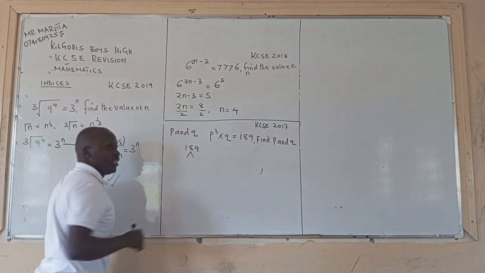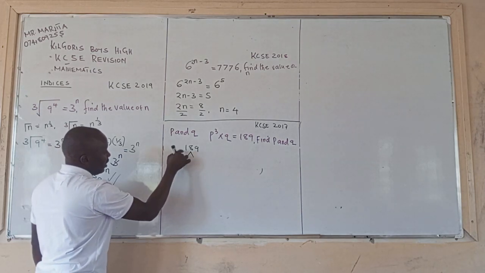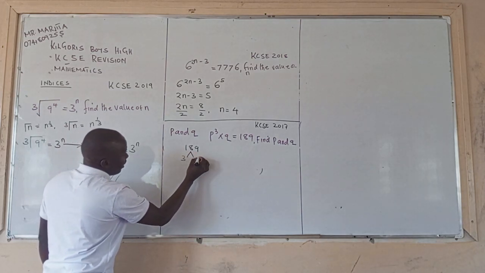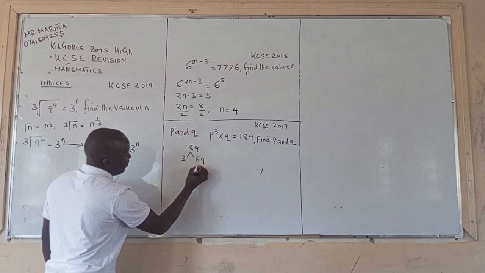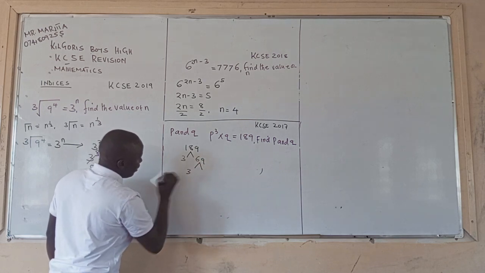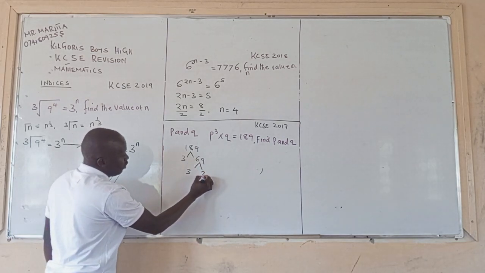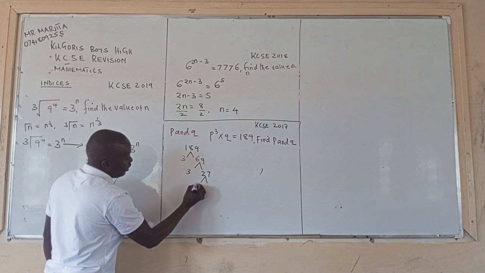So you start with the least number. The least number that can divide here is 3. It can divide 6 and of course 9. Then we have 3 again, and then we have 7.